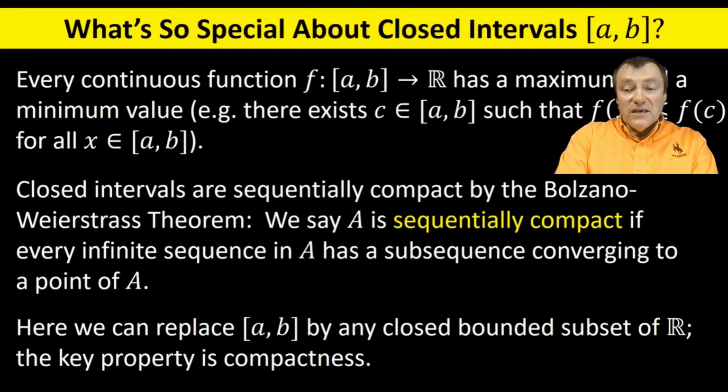In both cases, it is not the connectedness of the domain [a,b] that is important. It has to do with the fact that the interval [a,b] is closed and bounded. We'll explain these connections over the course of this video and the sequel.